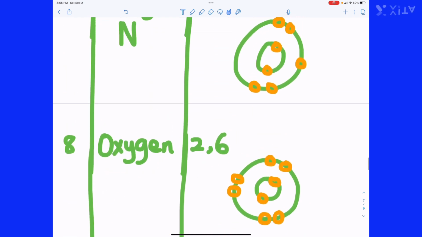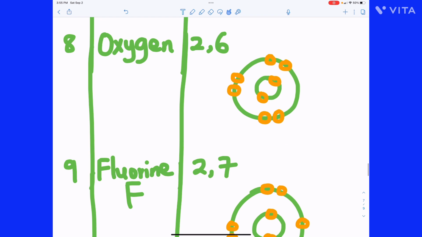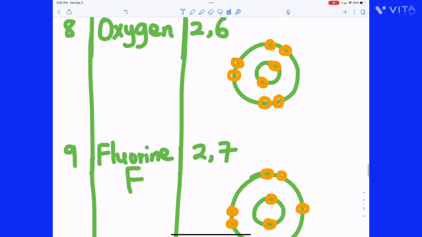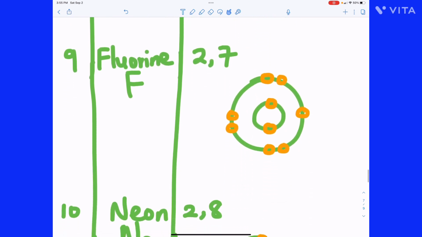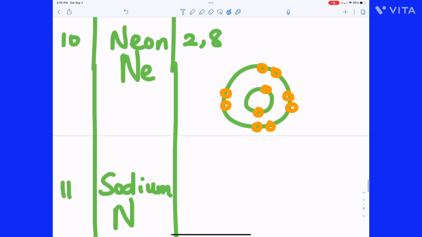You can see the diagrams here. Nitrogen 2, 5. Oxygen 2, 6. Fluorine 2, 7. Neon 2, 8. Can you see that? On getting to neon, neon has 2 shells too, and the second shell is completely filled up.